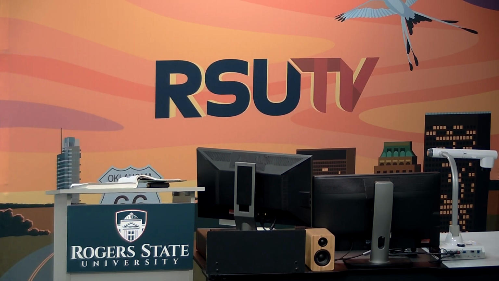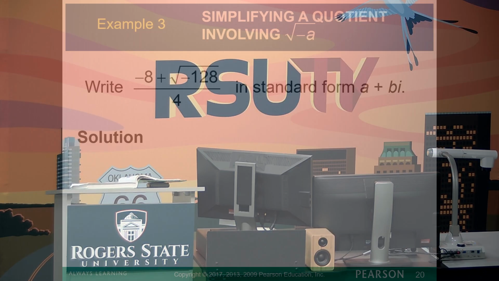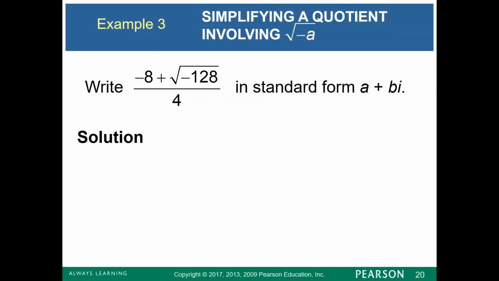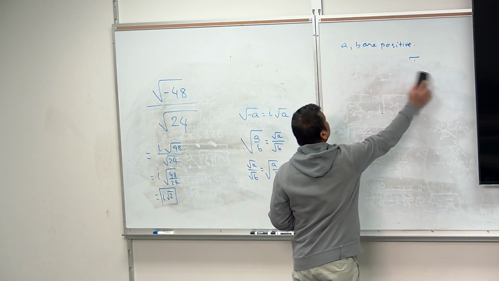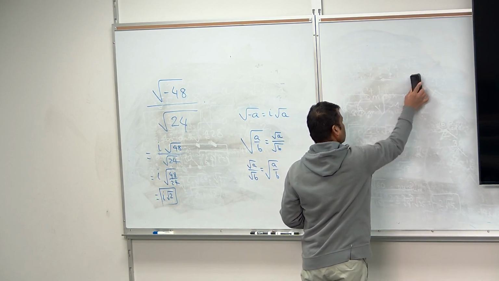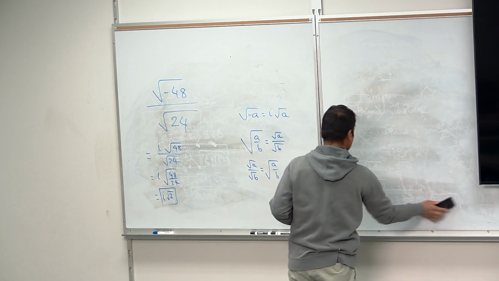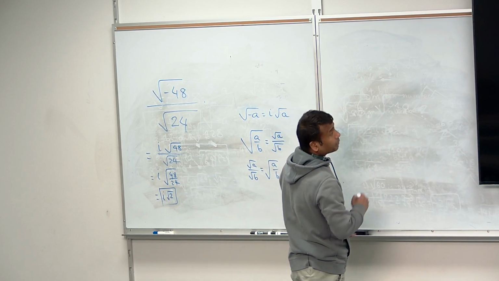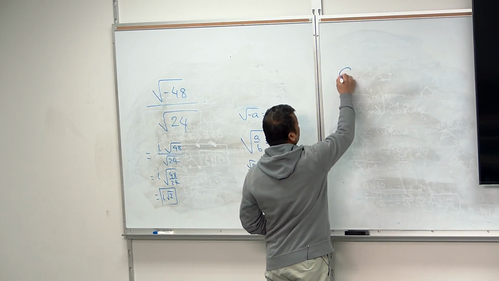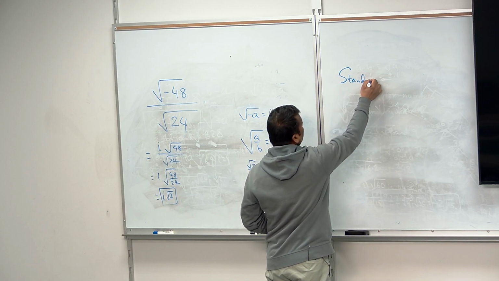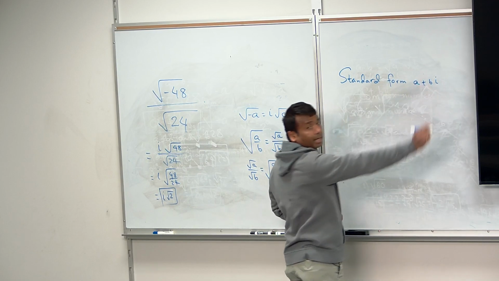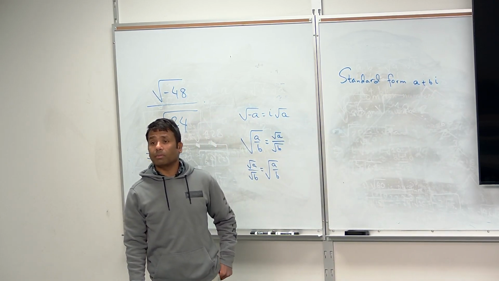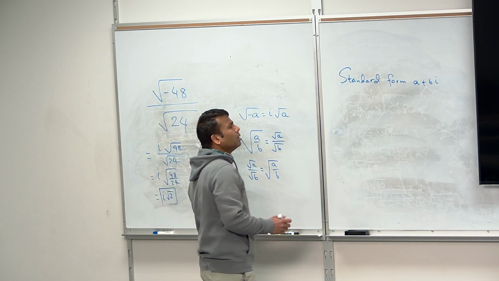So now look here. Negative 8 plus radical negative 128 over 4. You have to write this in standard form, that means a plus bi. So how do you do that?